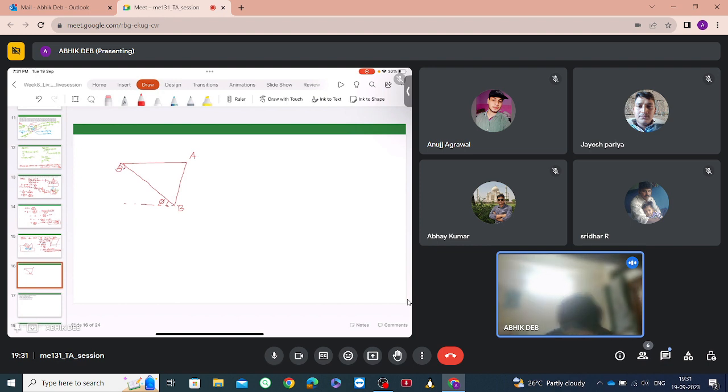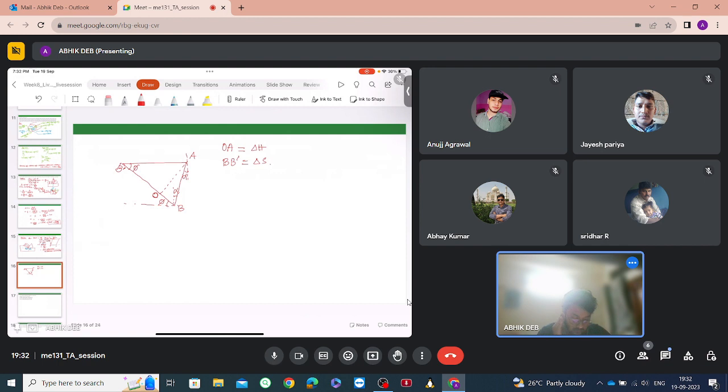Suppose we draw a perpendicular here and denote it as O. So the length OA, the perpendicular length, is delta H, and the length B to B dash is the delta S value. Now this angle is phi, so this angle will also be phi. This is the rake angle, alpha. So if this is the rake angle, by alternate angles, this will also be alpha.